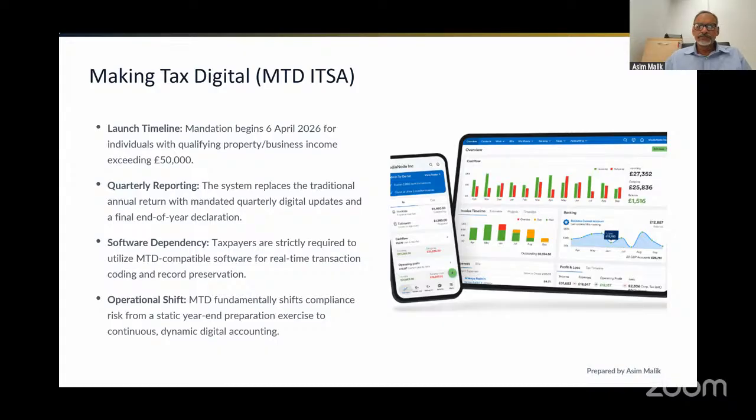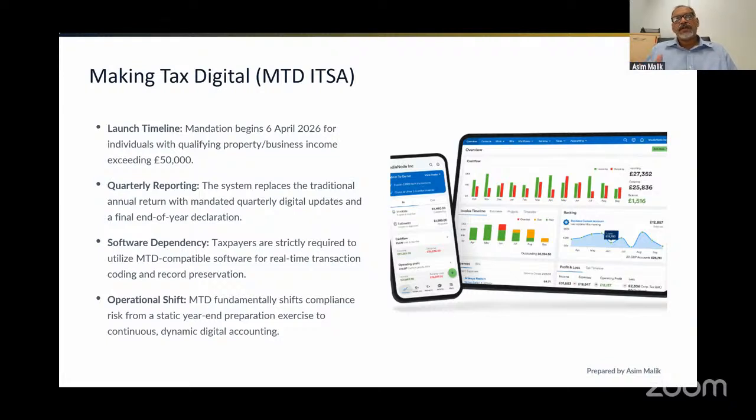But now, from 6th of April 26, it becomes mandatory for any individual whose business income, which is basically rental income or self-employment income, exceeds £50,000.